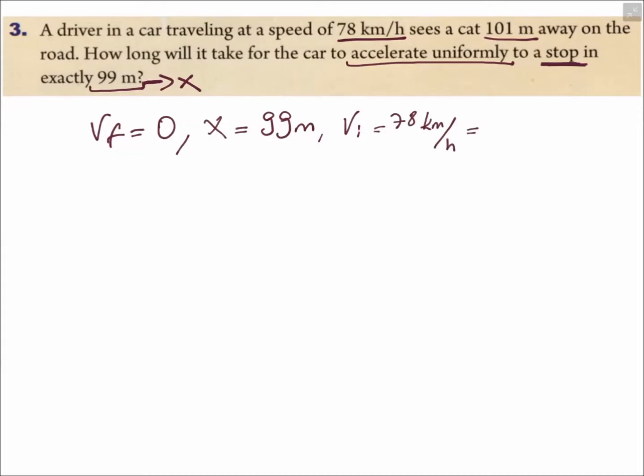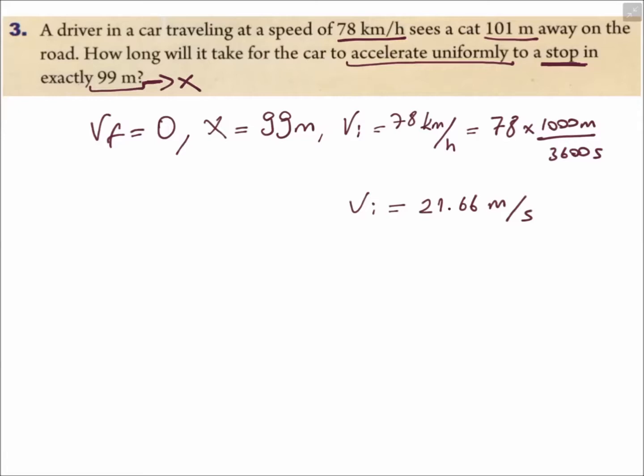I have to convert this to meters per second because the unit of the x is given in meters, or I can convert meters into kilometers, but in this question I prefer to convert kilometers per hour into meters per second. 78 times 1000 meters over 3600 seconds. So the initial is going to be 21.66 meters per second.